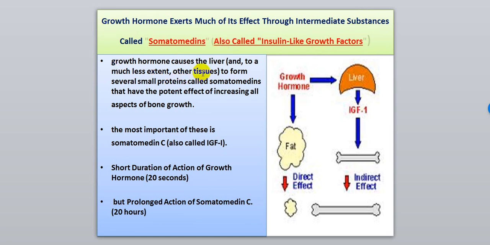So growth hormone causes the liver, and other tissues to a lesser extent, to produce somatomedins. This material, also called insulin-like growth factor, IGF, is secreted from the liver under control of growth hormone.